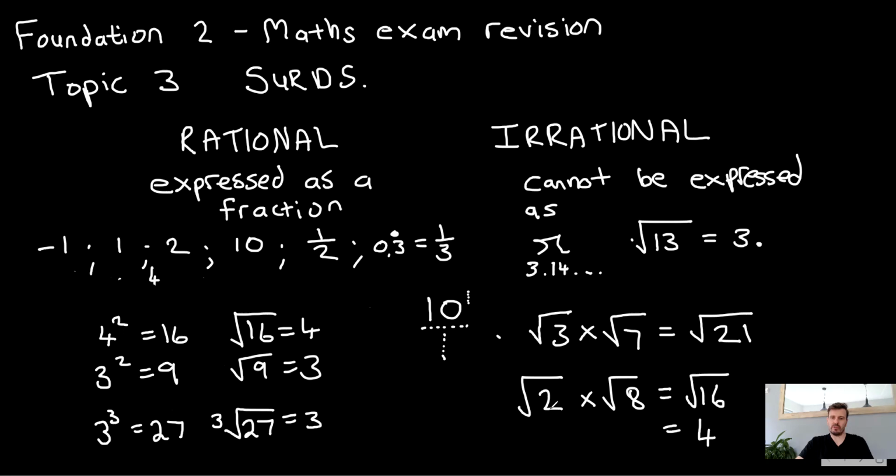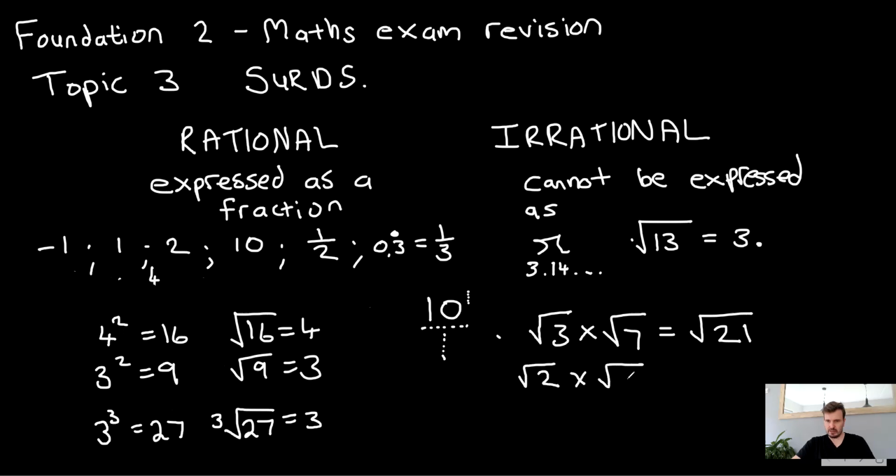Now let's explore this one I've just done, the root 2 and the root 8 a bit. So remember we got the answer of 4. Now let's say that we have root 2 times root 8. Now this root 8 can actually be written as root 2 times root 4, right?